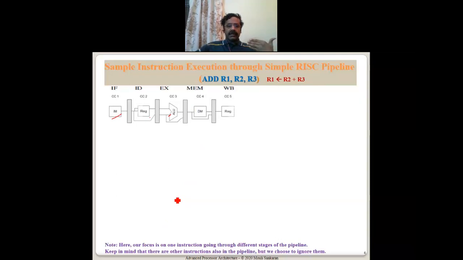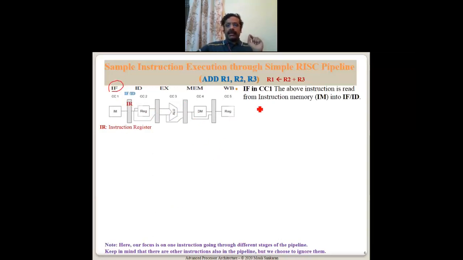Now let us understand one instruction. Our focus is going to be on this instruction, not on other instructions which could have been there in the instruction pipeline in real life. IF is a stage which is called instruction fetch. During the cycle CC1, the above instruction, which is read from the memory or an instruction cache, is copied into this instruction pipeline.